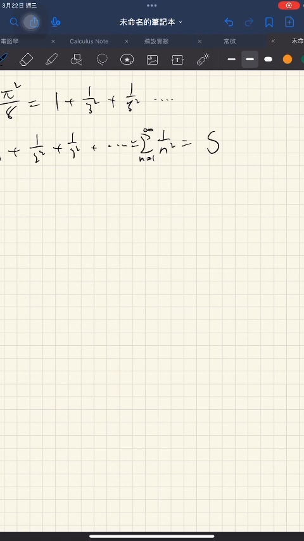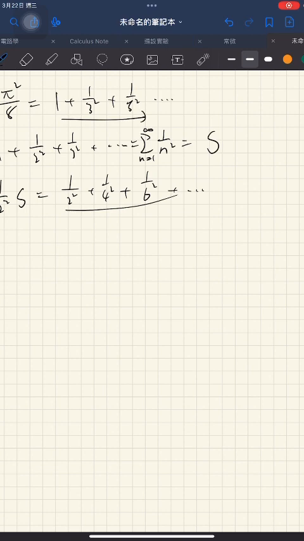Just like we can multiply by 2 squared: 2 squared times S is equal to 1 over 2 squared plus 1 over 4 squared plus 1 over 6 squared, and so on. And we found it is the missing part of this series.